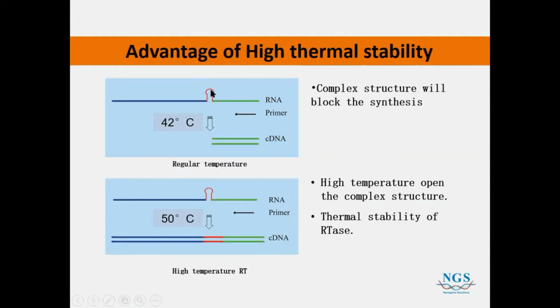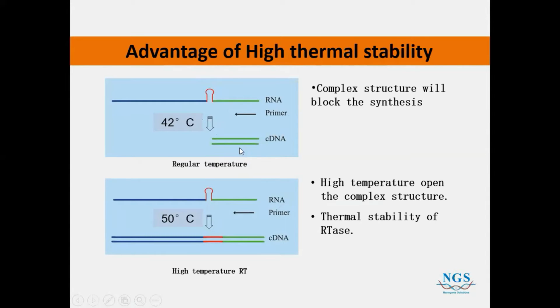So this is a complex structure that I talked about earlier on. Sorry, this red color loop, all right. If let's say we proceed with 42 degrees Celsius, our primer will only amplify the green part, and we will stop here, okay? So in this case, you will not get your full-length cDNA. You only get part of it.